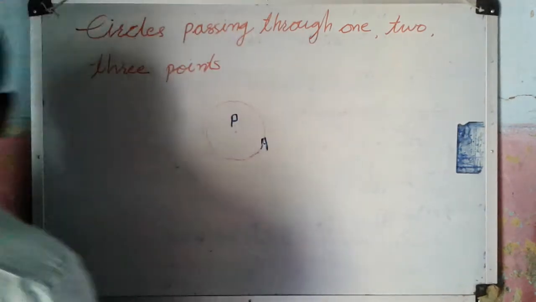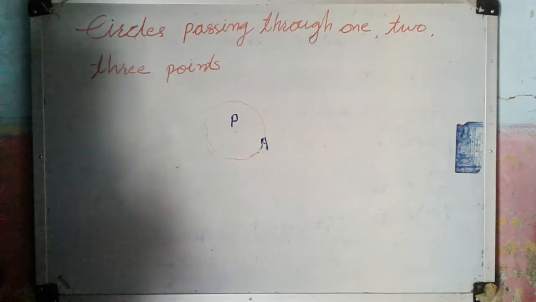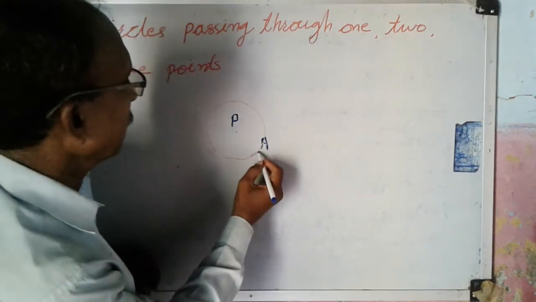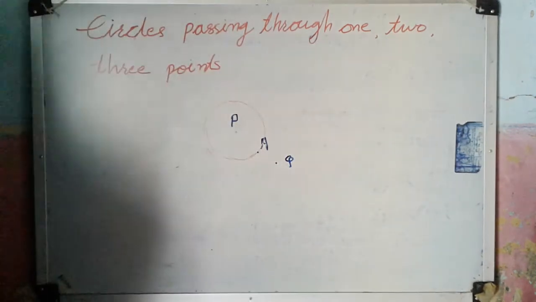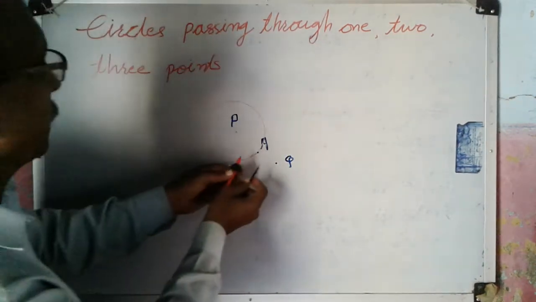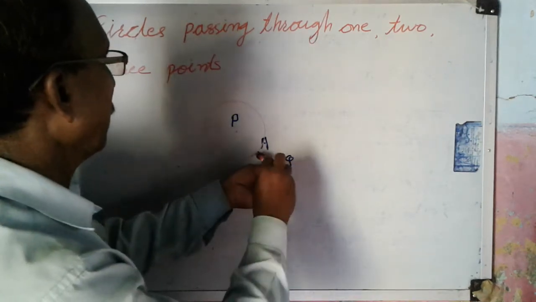Okay, now I will take another point Q here, and take Q as a center and QA as the radius, and I will draw a circle.